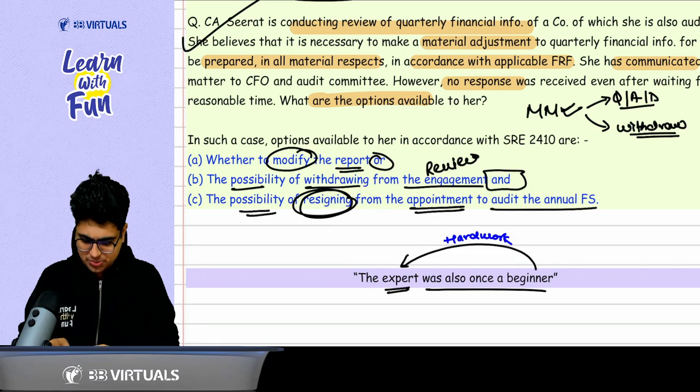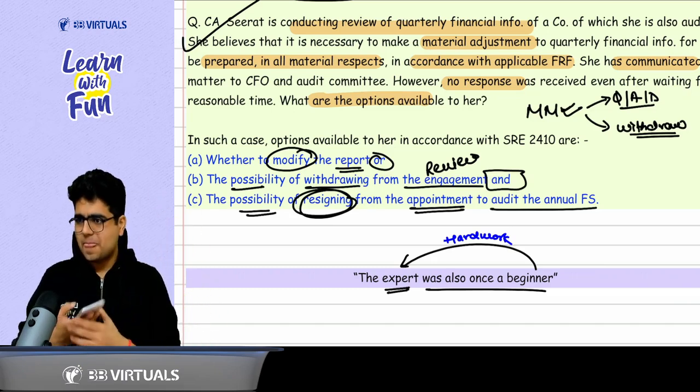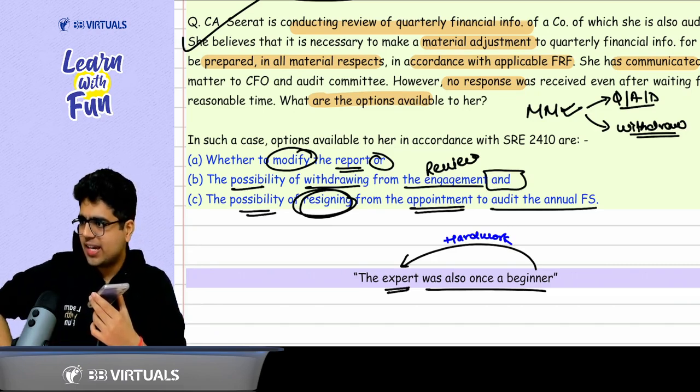Call once on the doubt support number. Why here adverse comes?